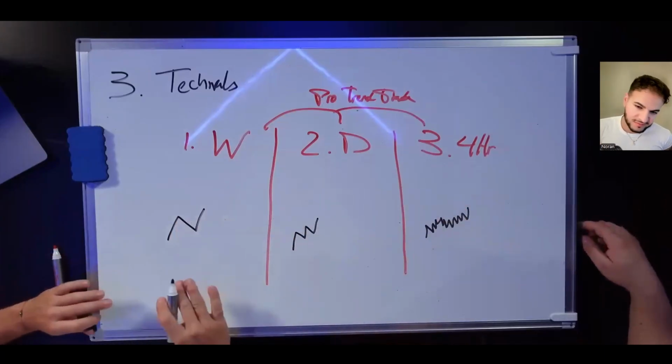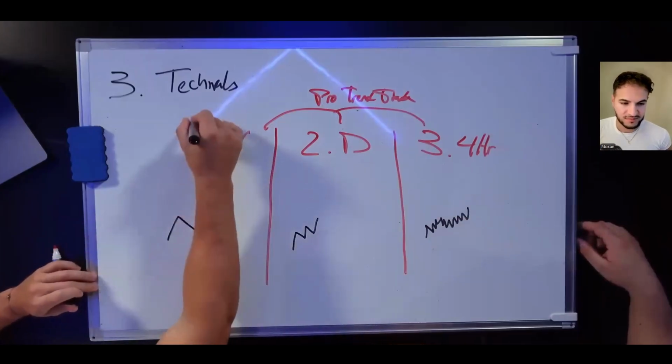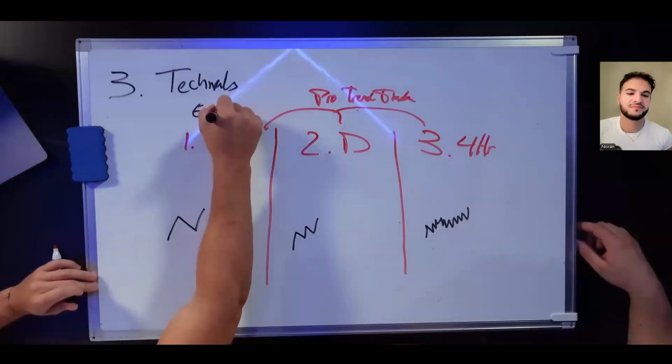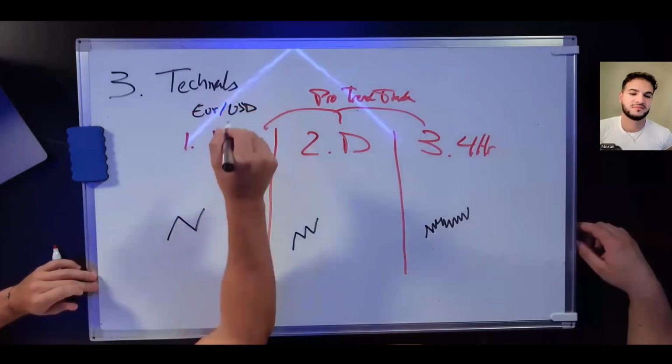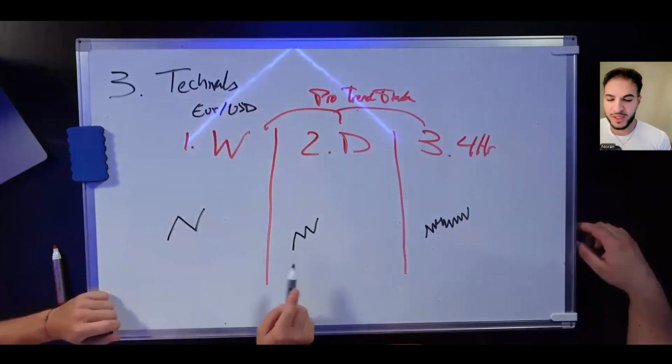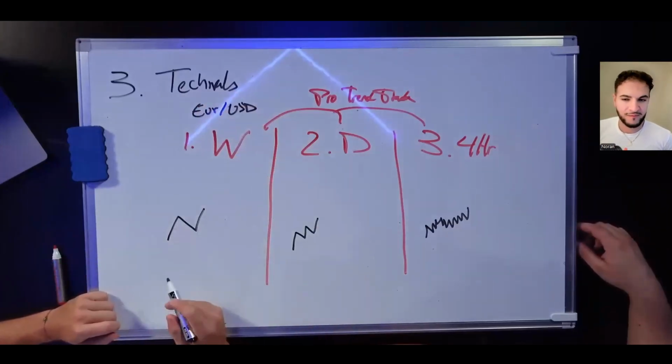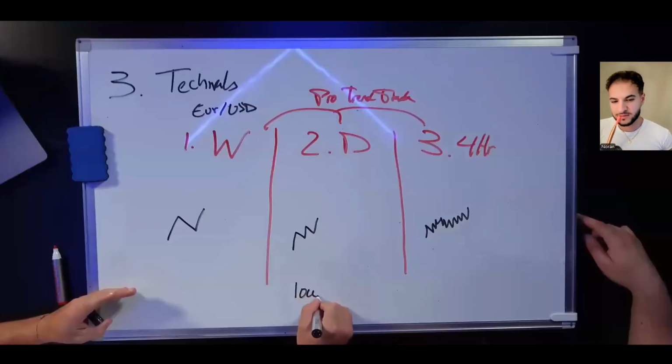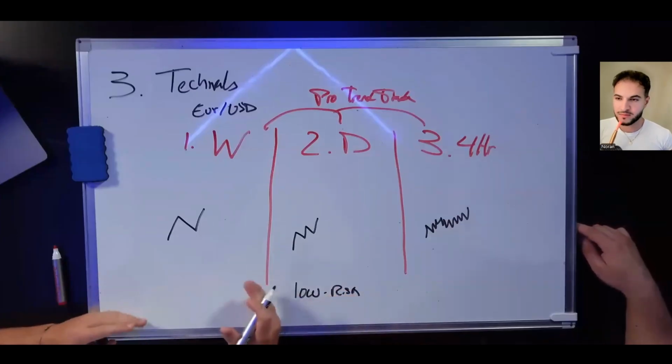Let's use EURUSD, the most manipulated pair, as an example. Right now the weekly time frame is bullish, the daily time frame is bullish, and the 4 hour time frame is bullish. The most logical thing to do right now is buy, because you're trading with the trend. This is what makes this a low risk trade.